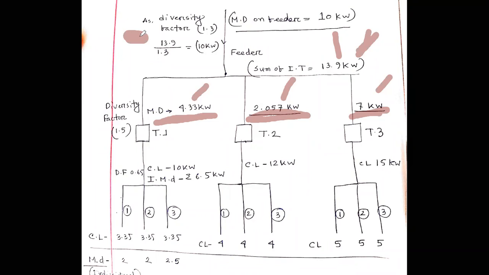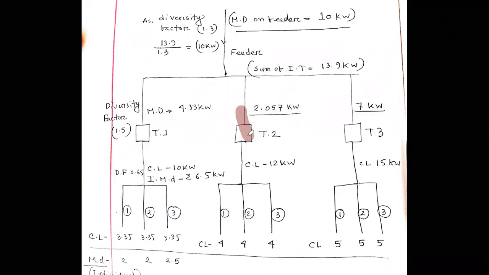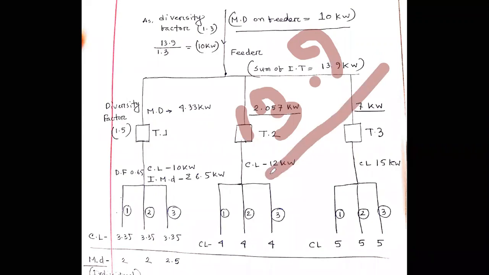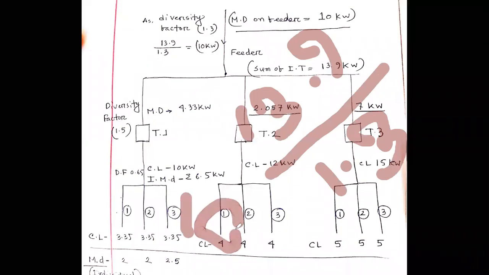That's why a diversity factor of 1.3 is given. So when 1.3 is given, we divide this individual 13.9 by the given diversity factor, 1.3. When we divide that, we get the maximum demand on that feeder, that is 10 kilowatt.